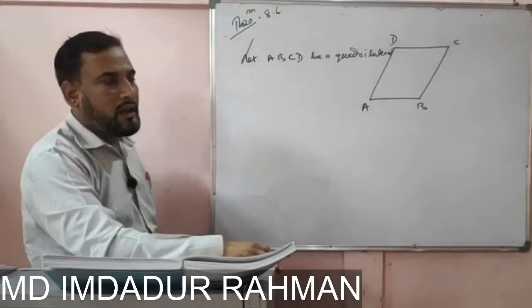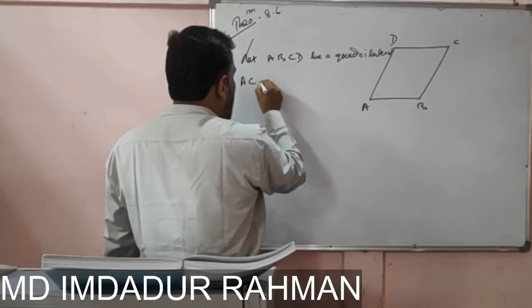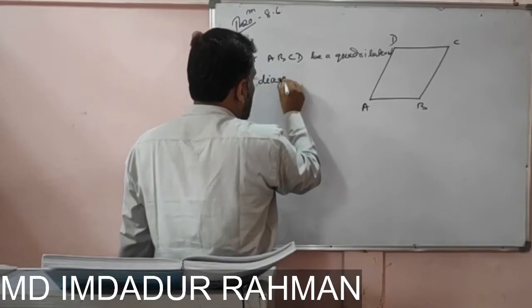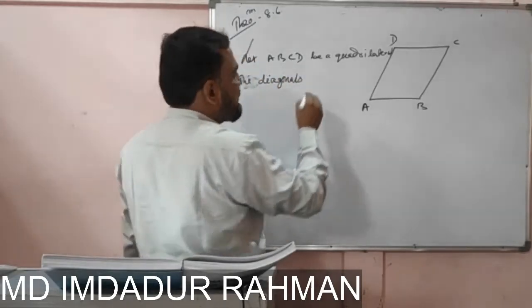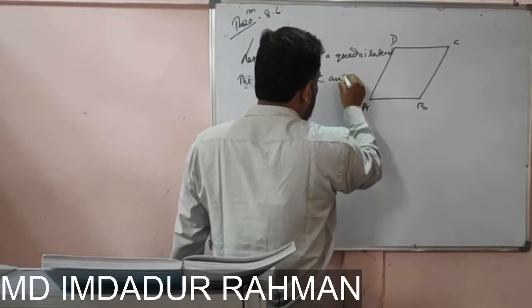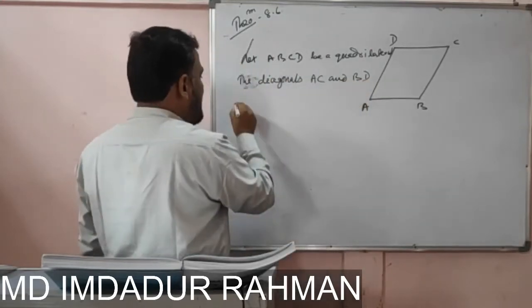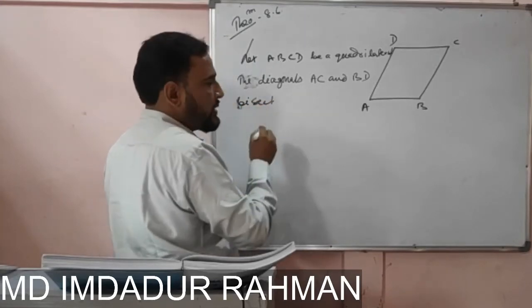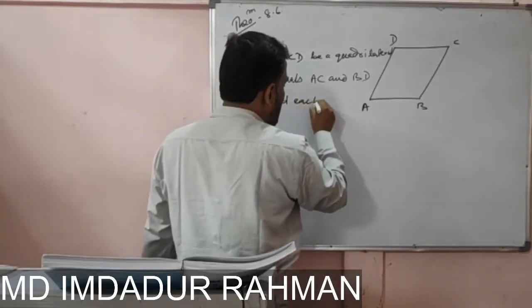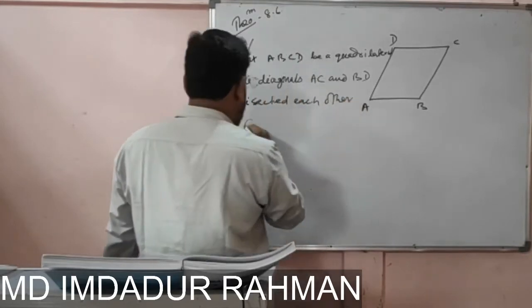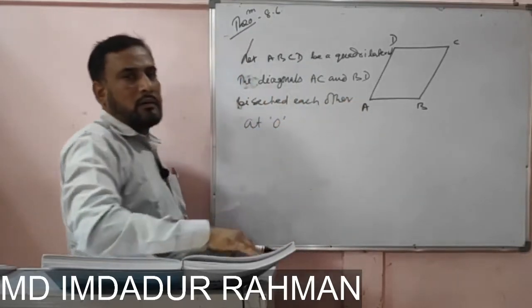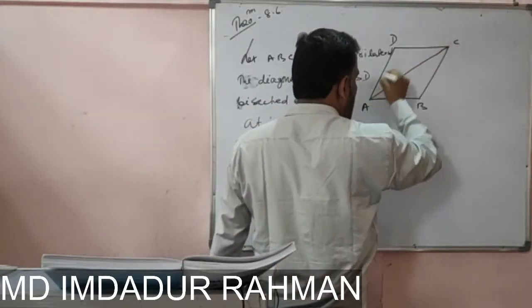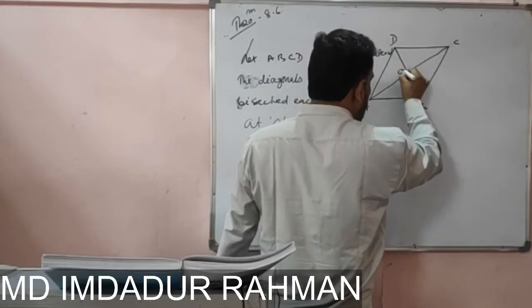The diagonals AC and BD bisect each other. It is mentioned in the question, bisected each other at O. So let us draw the diagonals AC and BD bisecting each other at O.